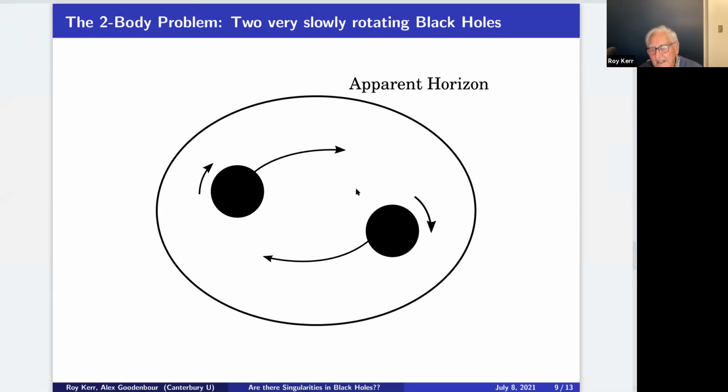So it is likely to collapse to a black hole, but it doesn't have to collapse very far before the angular momentum forces can counteract the gravitational forces, the other forces.